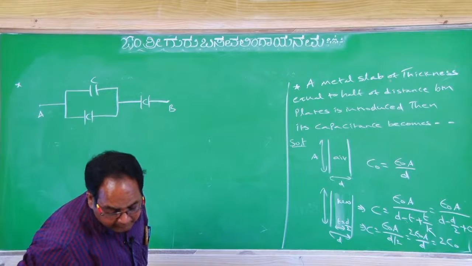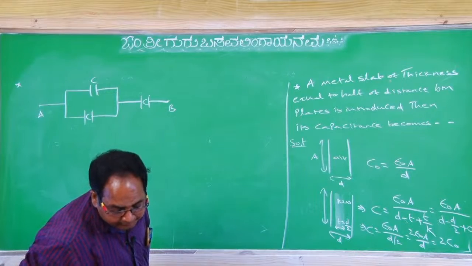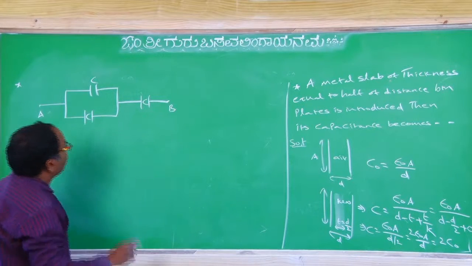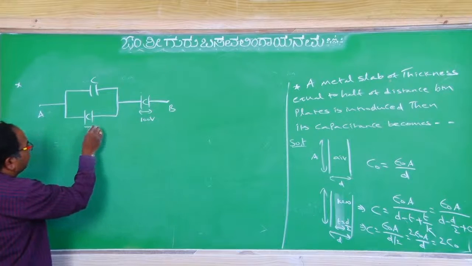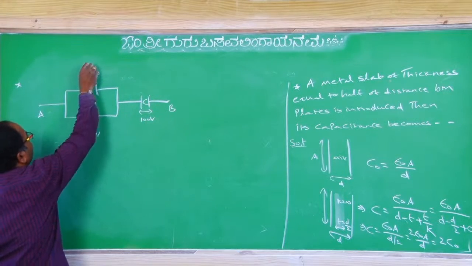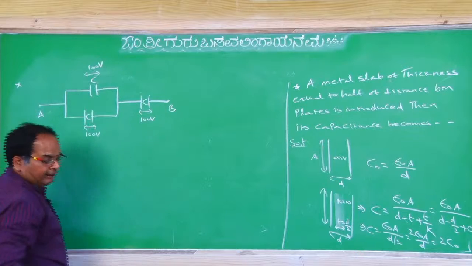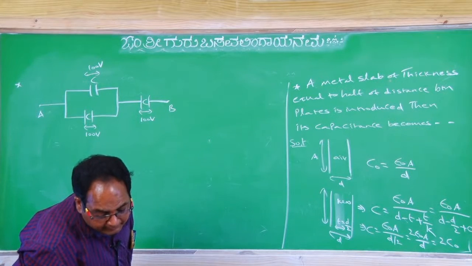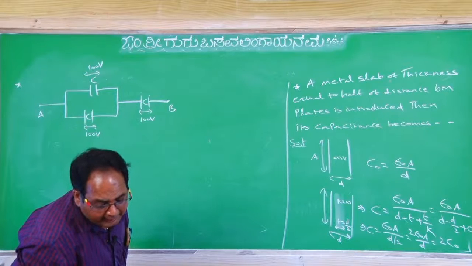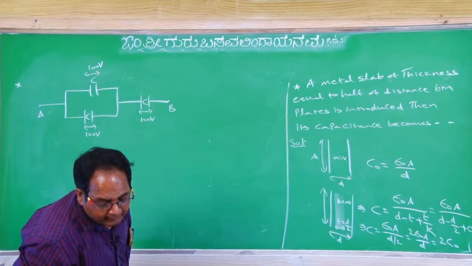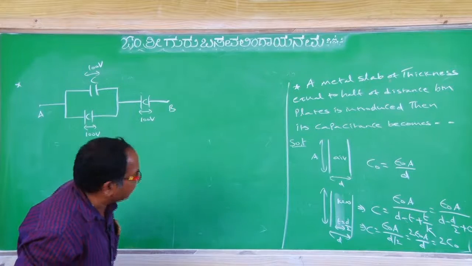In the network, 3 identical capacitors are connected as shown. Each and every one is able to withstand about 100-volt potential difference. Then what is the maximum voltage that can be applied across A and B so that no capacitor gets spoiled?